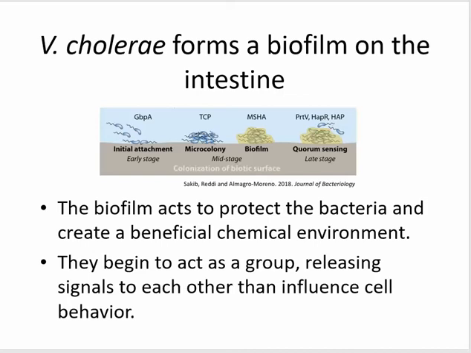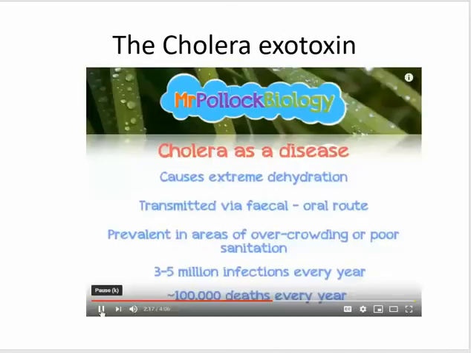Once they've established this protective biofilm, they start multiplying, and you start seeing large amounts of the cholera exotoxin being produced. The effect of the cholera exotoxin is described in several of the different videos. There's one video, this is a screenshot of it, that does a really good job of showing at a molecular level what the exotoxin does.